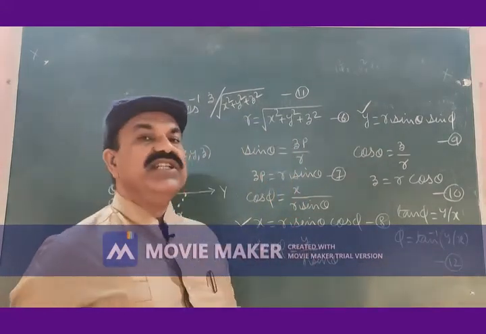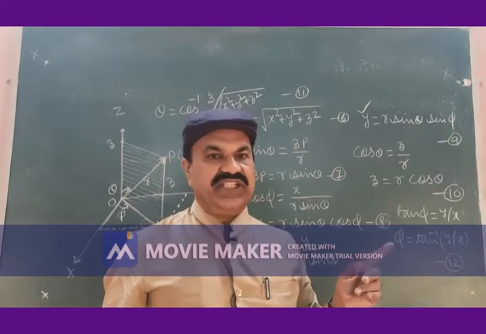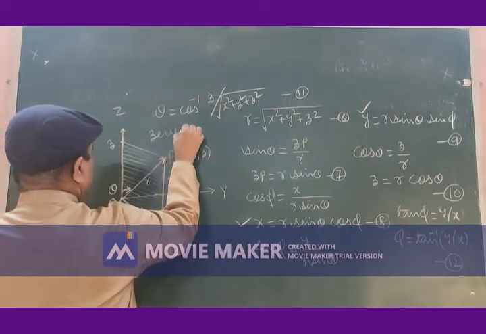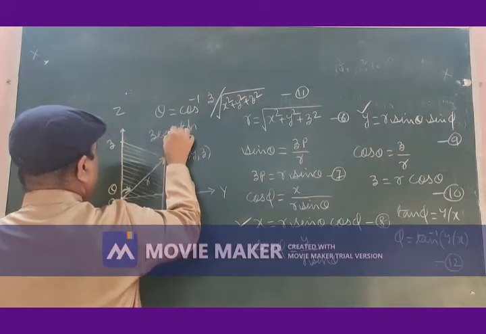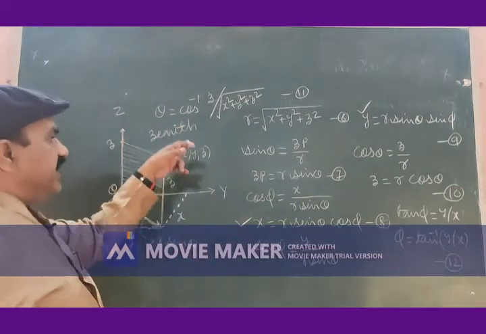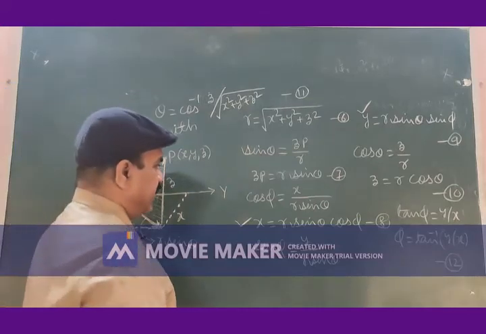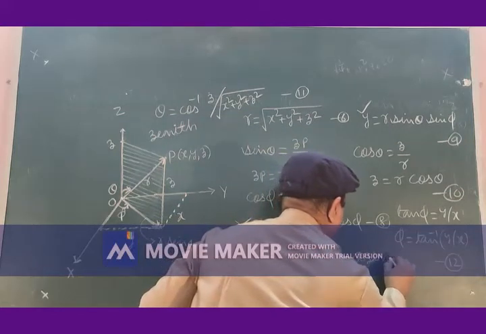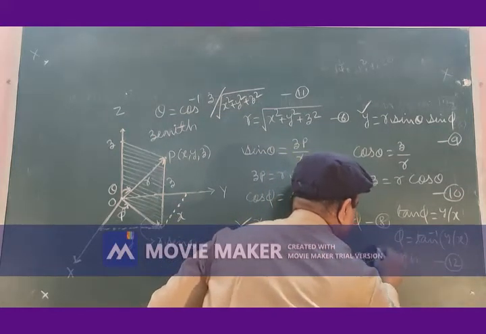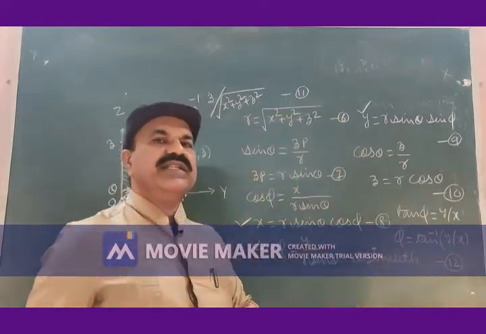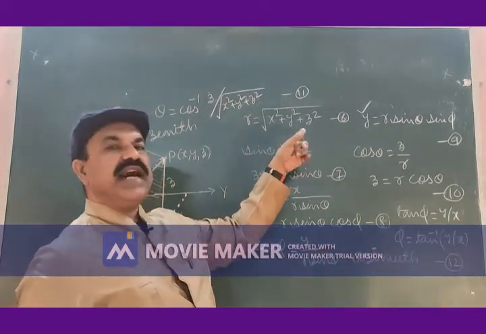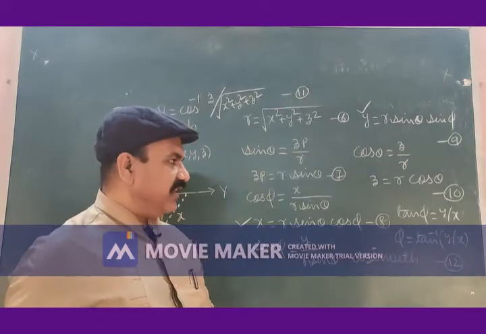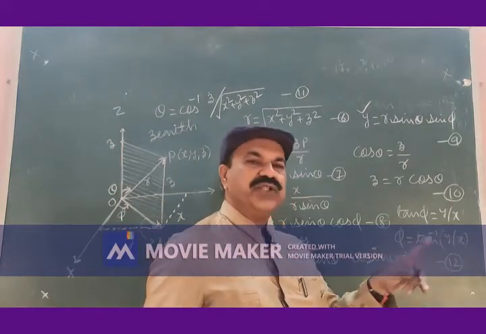Theta is known as the zenith angle, and this phi is known as the azimuth angle. Radius vector r is known from equation 6. Zenith angle theta is known from equation 11. Azimuth angle phi is known from equation 12.